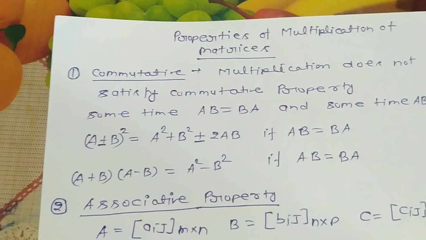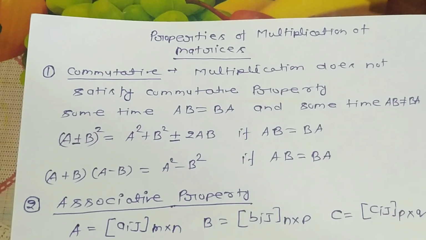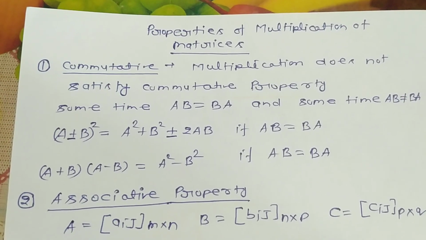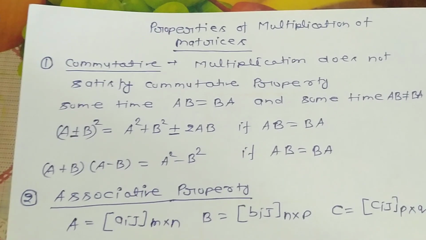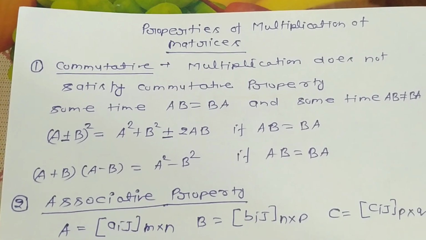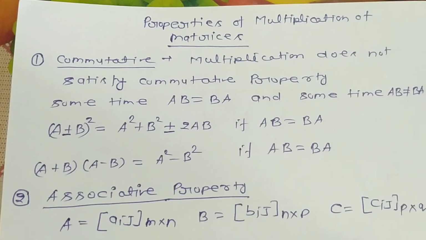आगे (A plus B) का होल स्क्वायर, इस प्रकार हमने अलजेब्रिक आइडेंटिटीज़ को पढ़ा था. तो मैट्रिक्स भी सेटिस्फाई तभी करता है अगर (A plus B) का होल स्क्वायर इक्वल टू A स्क्वायर प्लस B स्क्वायर प्लस 2AB if AB is equal to BA, and (A minus B) whole square is equal to A square plus B square minus 2AB if and only if AB is equal to BA. Sometime you will find a question on this topic.